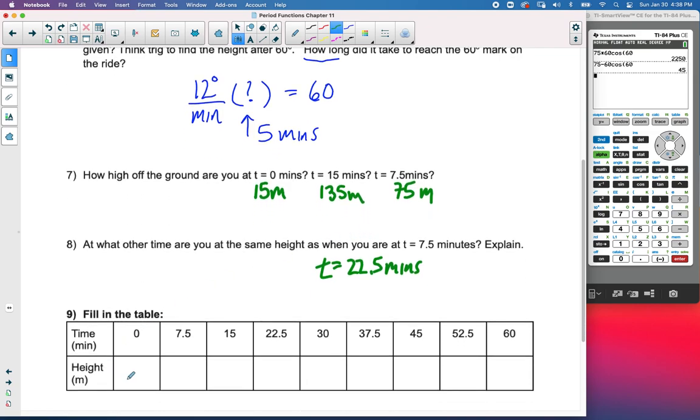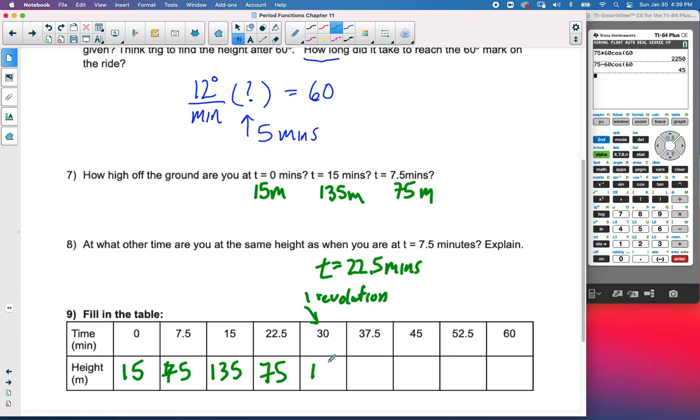Filling in this table, we already know the first few here. At 0, we're at 15. At 7.5, we're at 75. At 15, we're at 135. We just found at 22.5, we're back down to 75. At 30, that was one revolution. We completed one cycle.